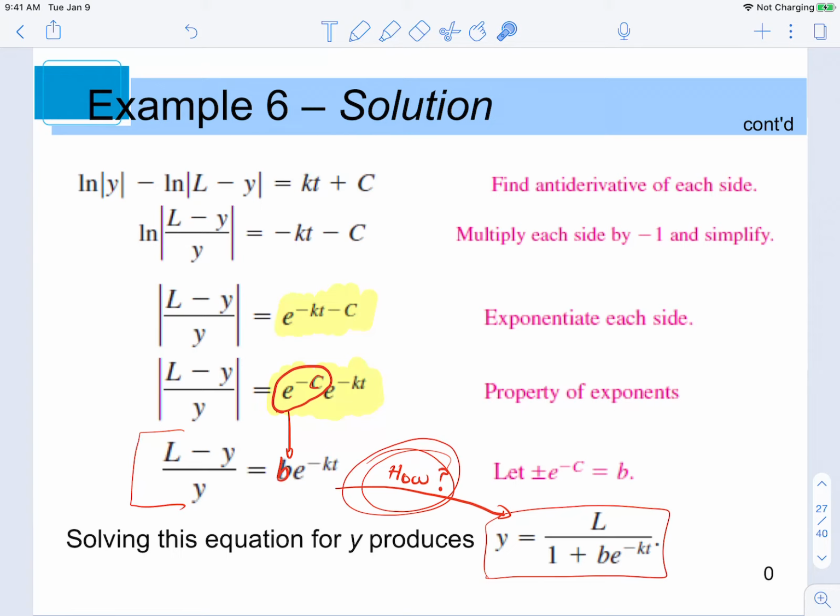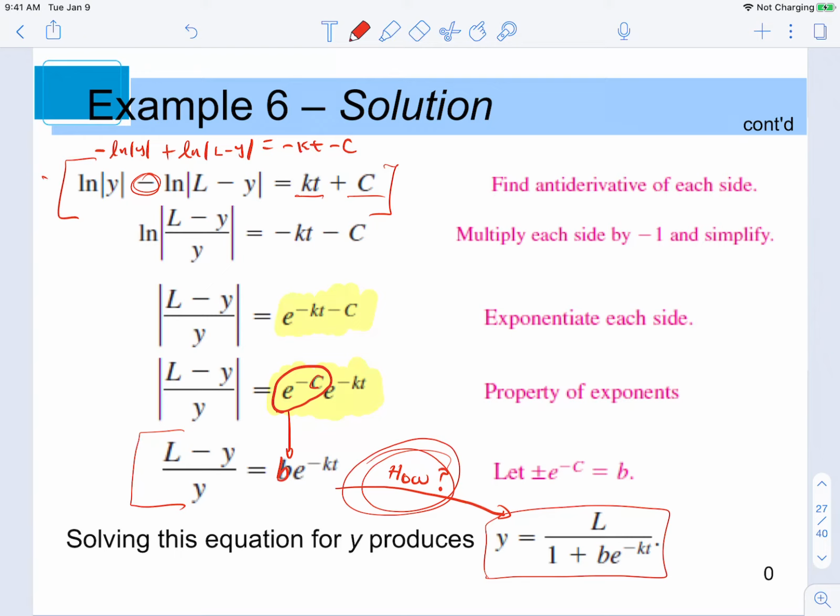Now, something that happens here, notice how this was positive, positive, and this was negative. Well, that was a minus sign right here. What they've done is multiply every single term by a negative. And so I end up with negative ln absolute value of y plus ln of L minus y equals negative kt minus c.